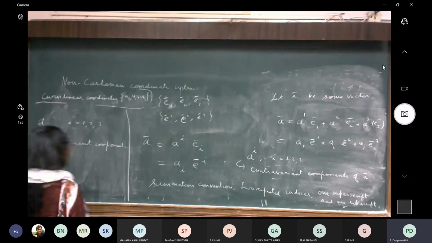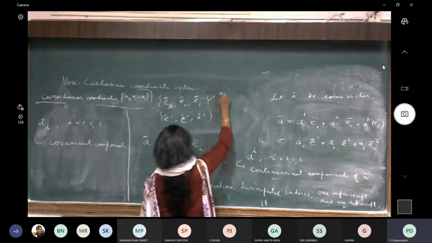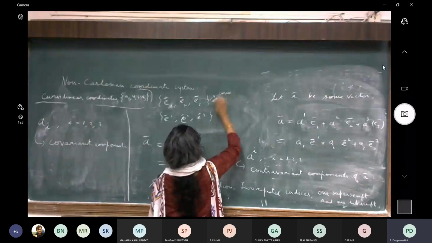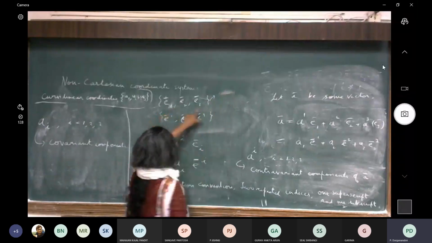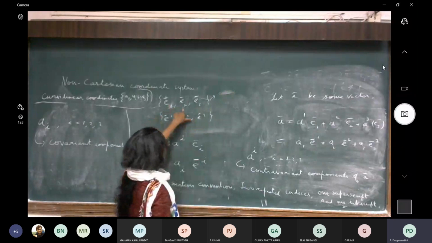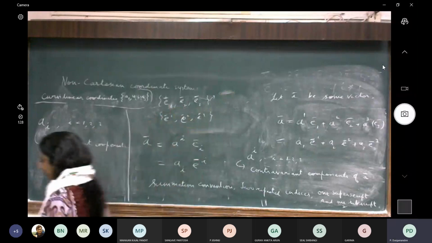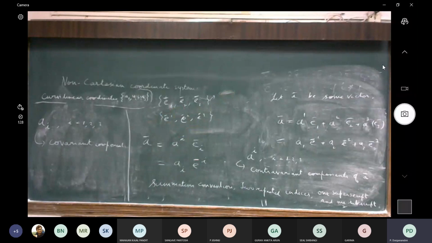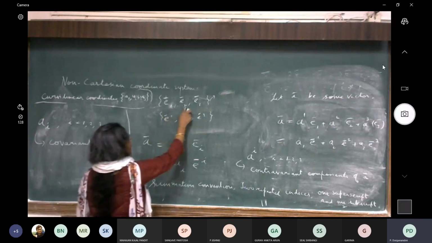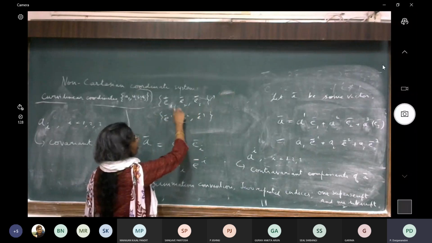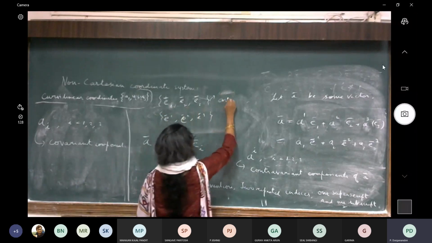Then this is called a covariant basis vector set, because these are now covariant vectors, and this is called a contravariant basis vector set. Because these indices are lower, I will call this a covariant basis set.